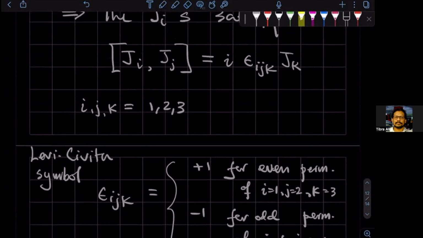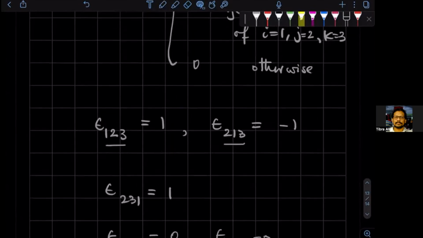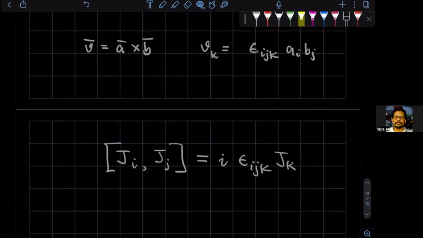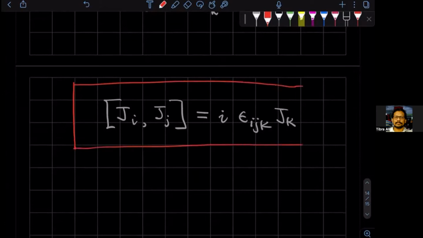All right, so this equation, it's pretty important. So let me box this up. It's called the Lie algebra of SO3.